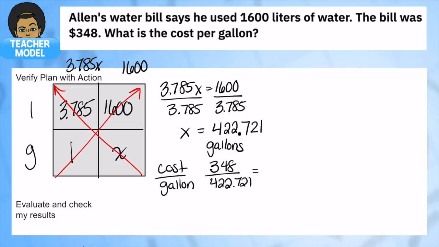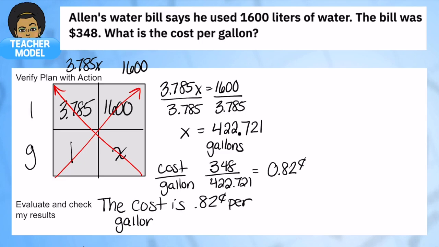It gives us 0.82. Well, it gives us a 3, but we're talking cents here, like cost. And that's only 82 cents. So there's our answer. The cost is 0.82 dollars, or 82 cents, per gallon.